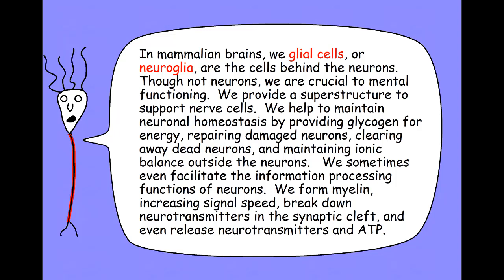They sometimes even facilitate information processing functions of neurons. So, for instance, when they wrap themselves around the axons of neurons, forming that myelin sheath, that is a strategy for increasing signal speed. They also break down neurotransmitters in the synaptic cleft, as we'll see, and they even release neurotransmitters and ATP.